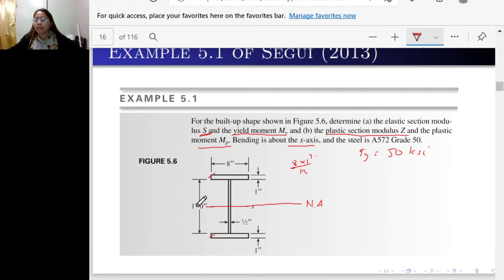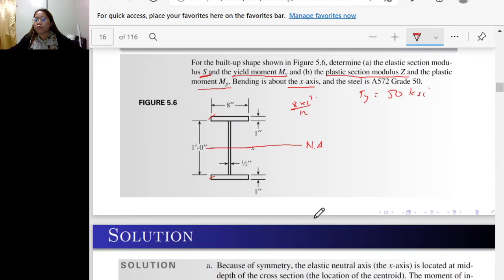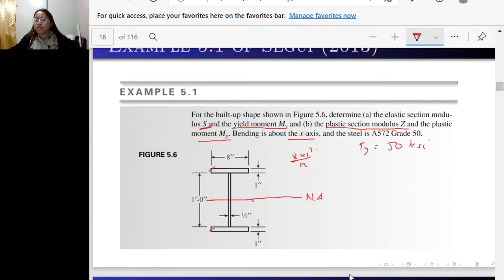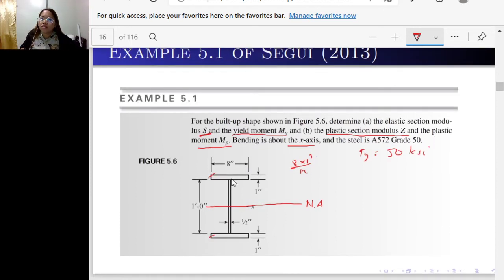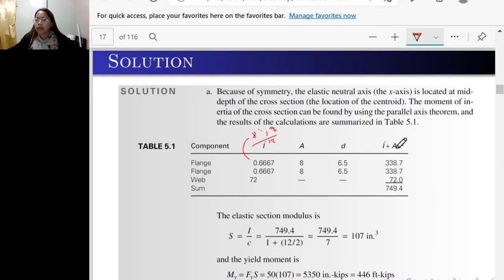Half of 1 foot, which is 12 inches, is 6 inches, plus half of 1 inch. So that is 6.5 distance. And the lower flange is actually the same. So that the value of the I plus AD squared is this one.